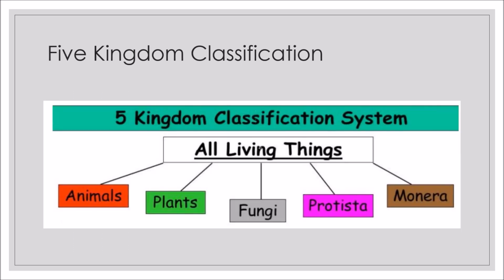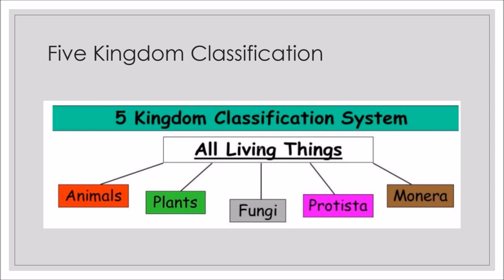The five kingdom classification. All the living things have been divided into five major categories: the animals, plants, fungi, protista, and monera. If you have seen that flow chart with full concentration and you are not having any doubts, you can understand this five kingdom classification.